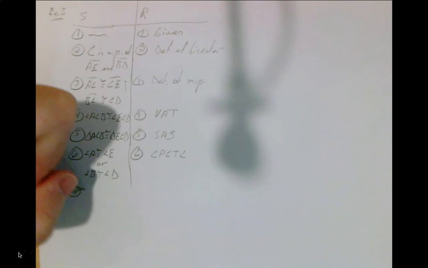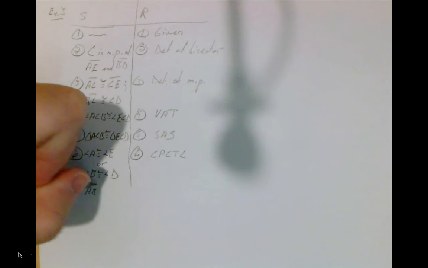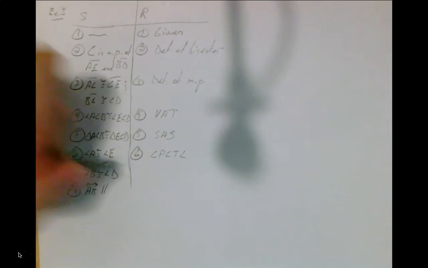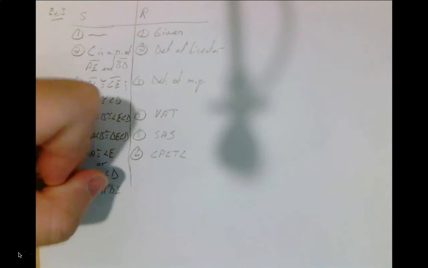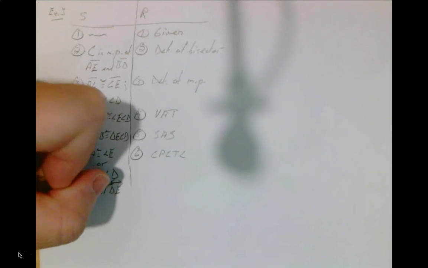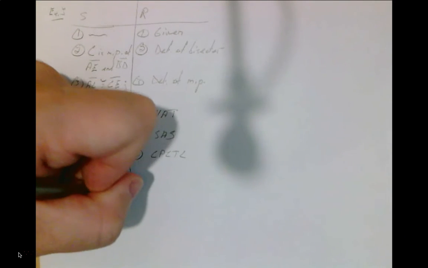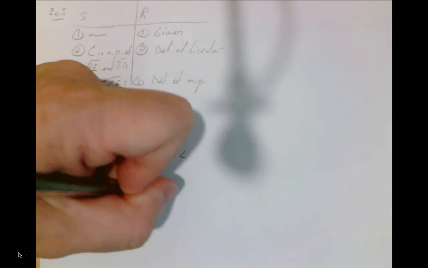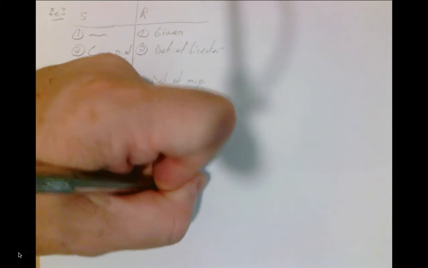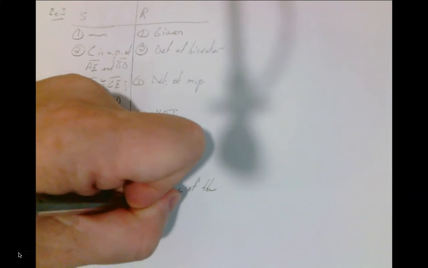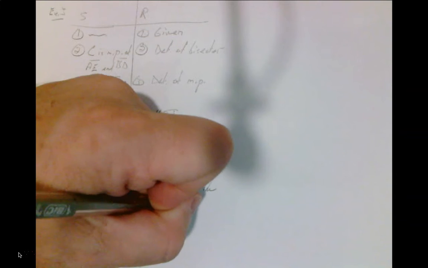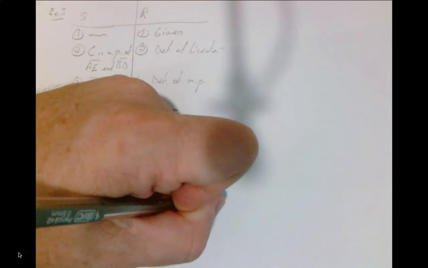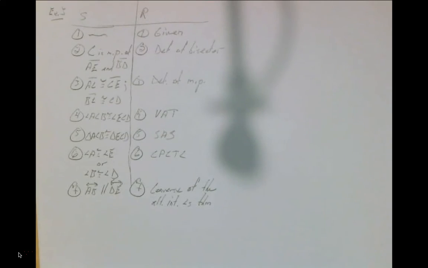Statement 7, final statement, line AB is parallel to line DE, what we were trying to prove, and the reason is converse of the alternate interior angles theorem. QED.